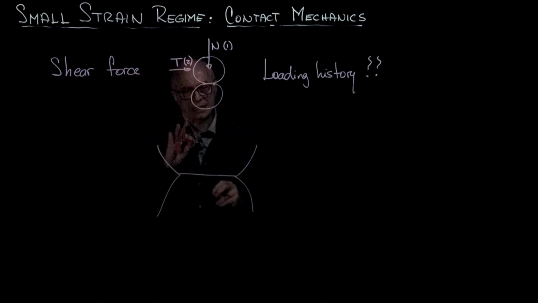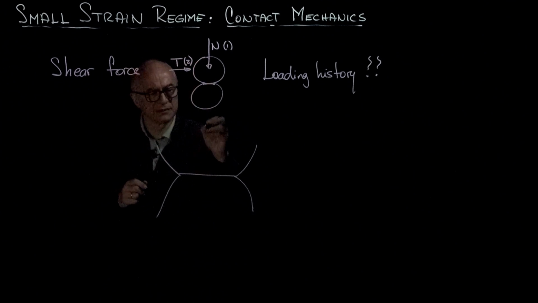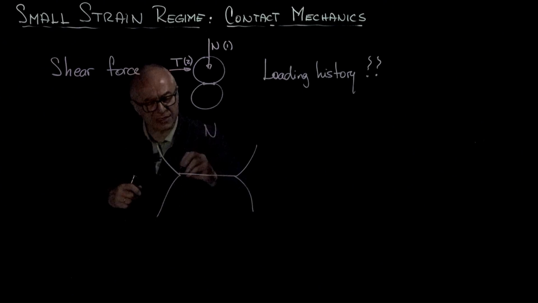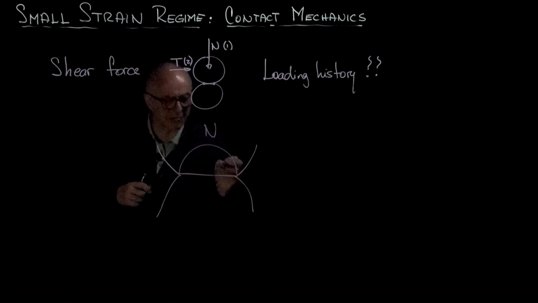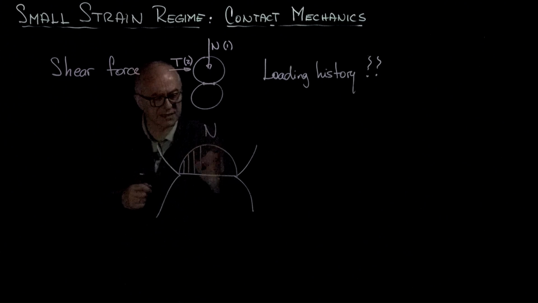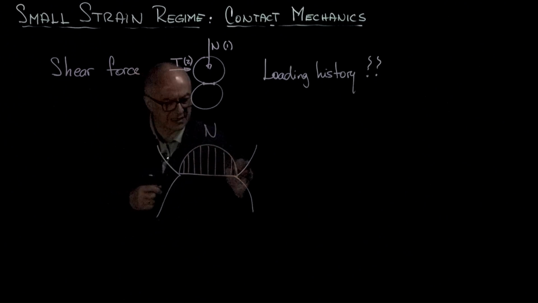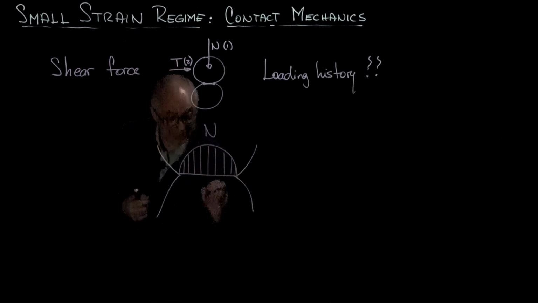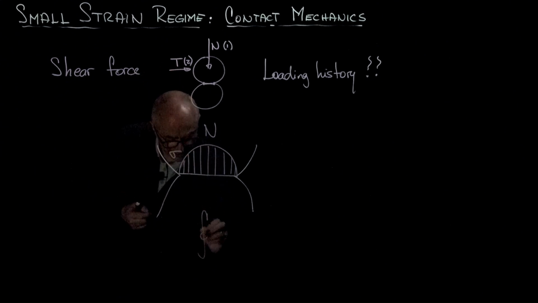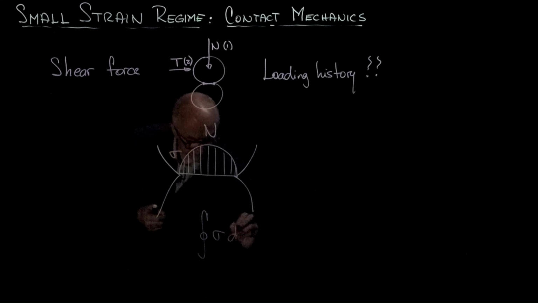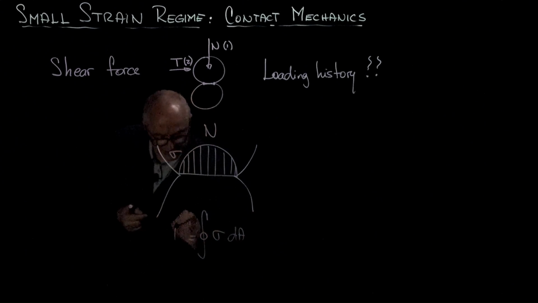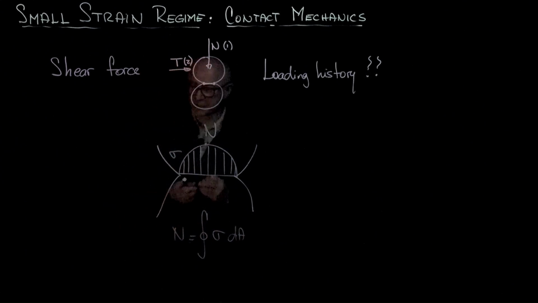So when I apply the load N, the stress distribution at the contact becomes a parabola. This is what Hertzian theory predicts, in such a way that if I integrate this normal stress across the area of the contact, I recover the applied force by equilibrium.